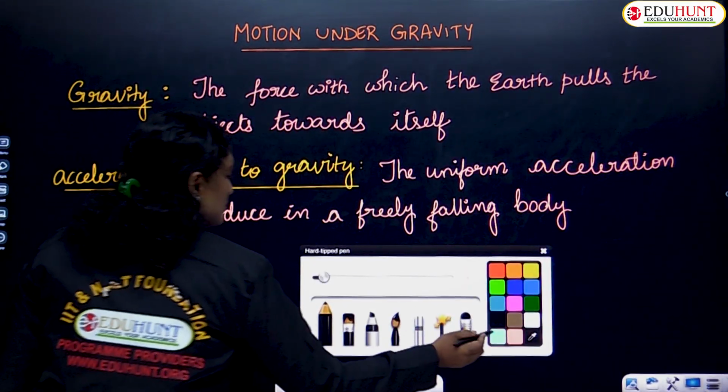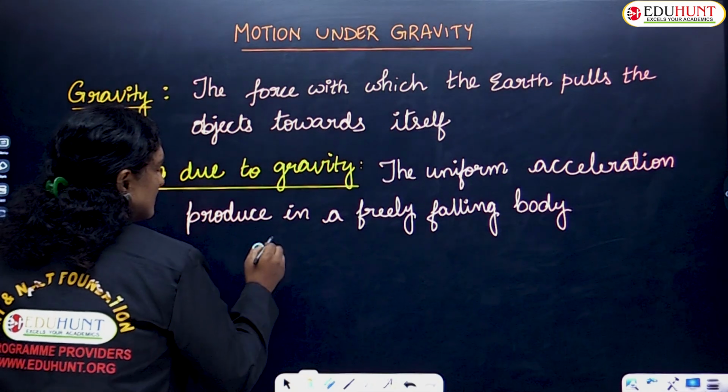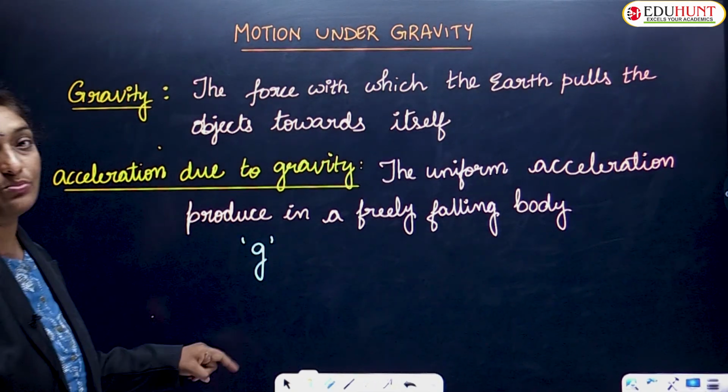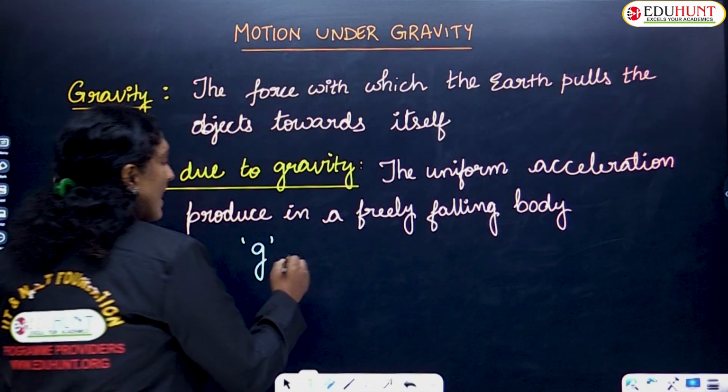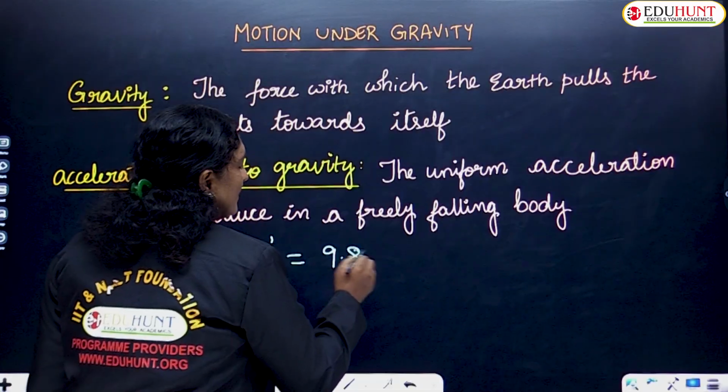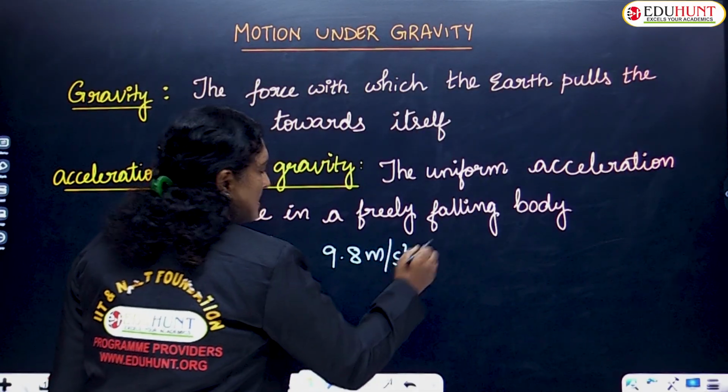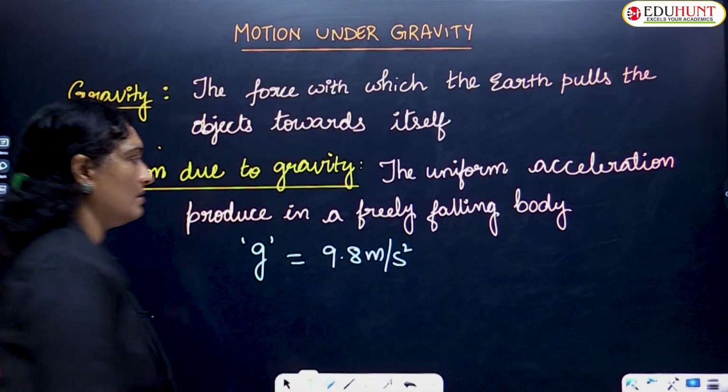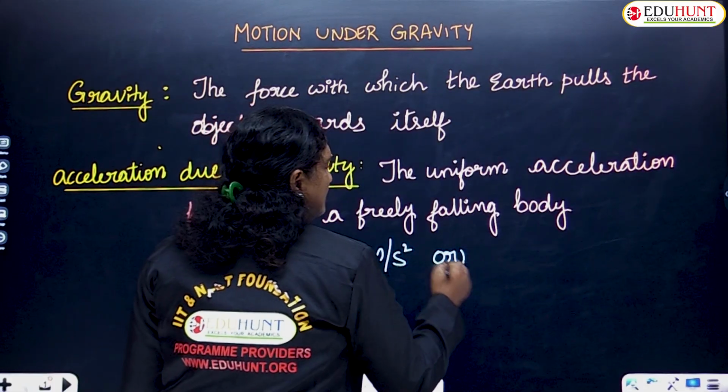Is that okay, children? So 2n minus 1. So if the body falls downwards, this value is taken as plus, and if the body is projected upwards, this value, acceleration due to gravity, is taken as minus g.